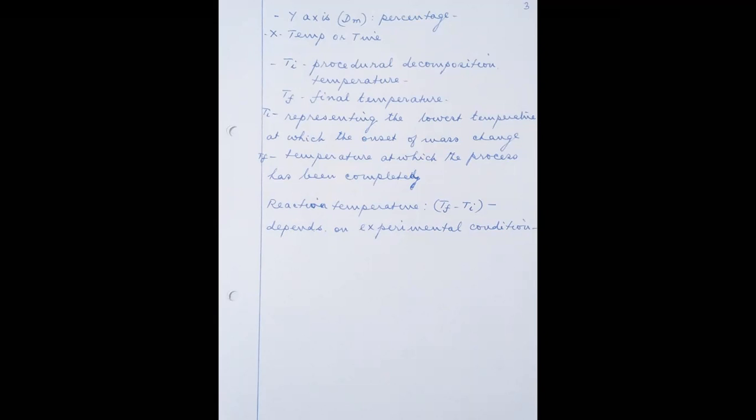You will understand this when we study the decomposition of calcium carbonate monohydrate in air atmosphere and in carbon dioxide atmosphere. What happens? We can see in the next few slides why there is a change in the thermogram. Actually, the atmosphere in which the substance is heated plays a vital role.